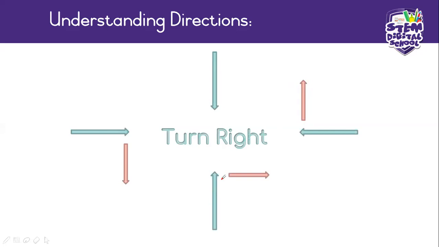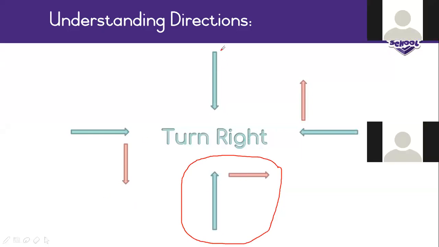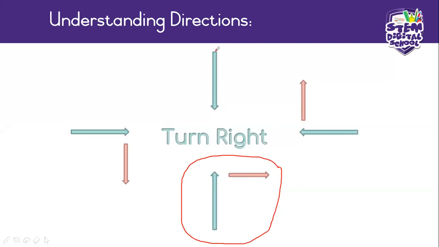If he's facing this way, it's the same way that you are facing when you look at your computer, then turn right will also be your right. So again, this is the one where you won't struggle because your right and your character's right will be the same way. If your character is facing you, so if you look him in the eye, then right will be to the other side, to your left side.